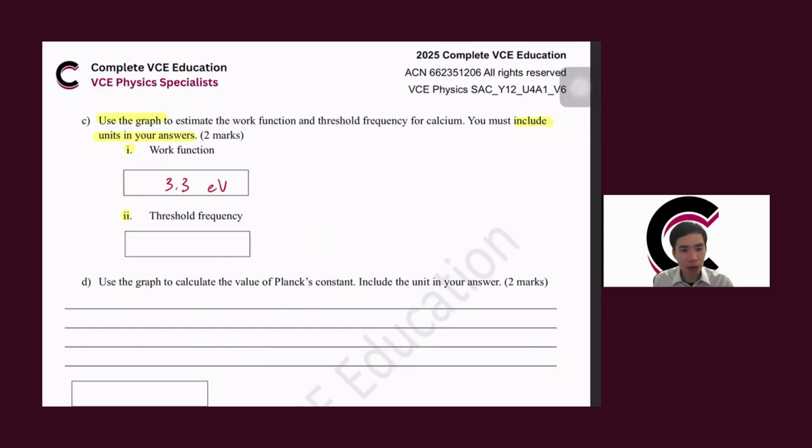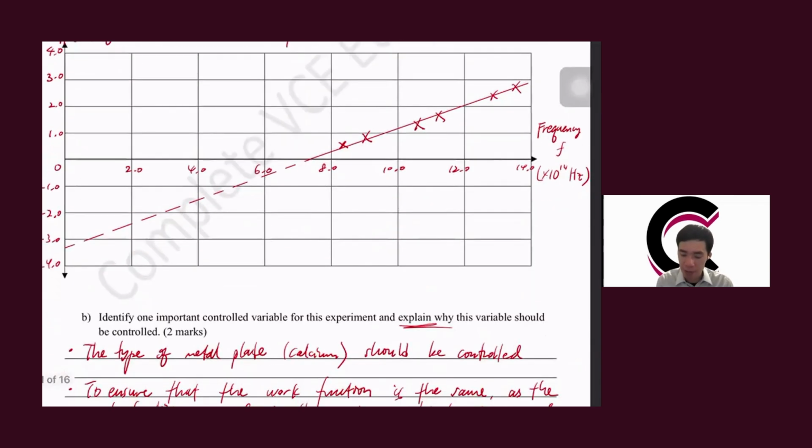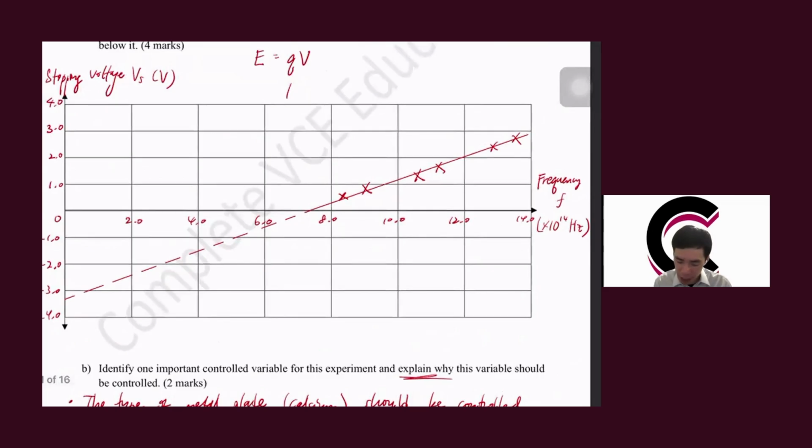What about the threshold frequency? Threshold frequency is the minimum frequency for photoelectrons to start emerging, to start emitting. So it is actually this intercept right here, because when we go beyond this frequency, there are some electrons moving, and that requires a stopping voltage.